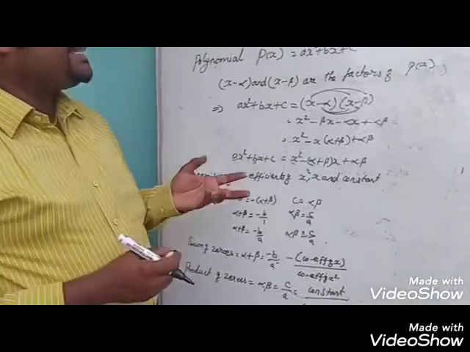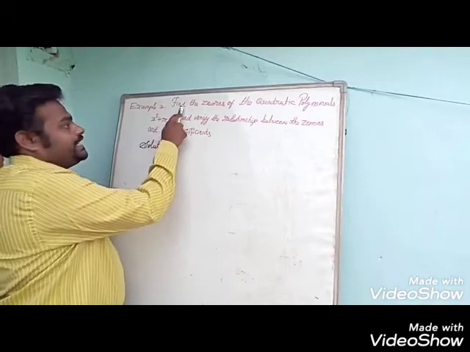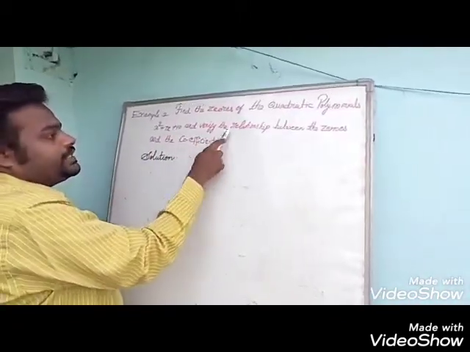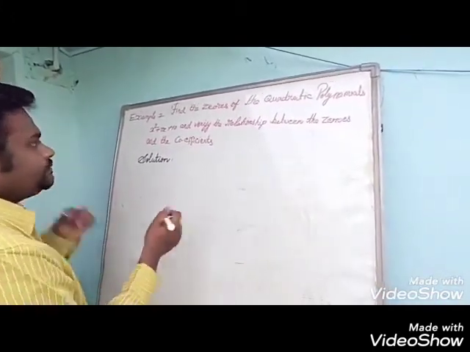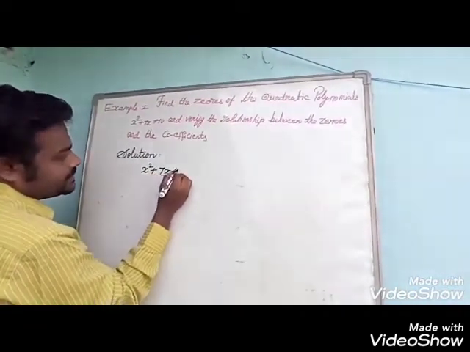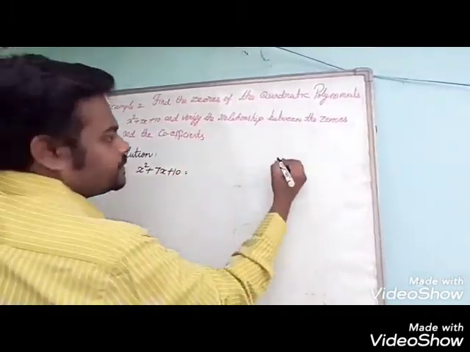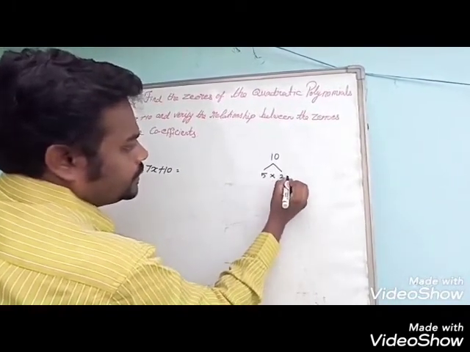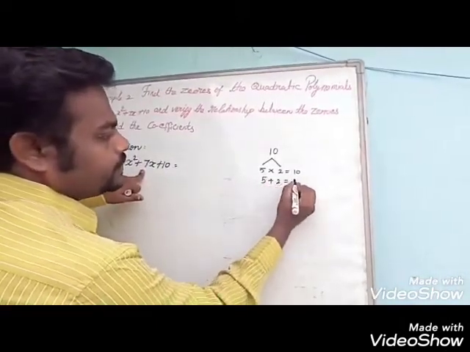Next we will see elaborate examples and exercise sums. Now we see example 2: find the zeros of the quadratic polynomial x square plus 7x plus 10 and verify the relationship between the zeros and the coefficients. Now the solution. Before we find the zeros, we have to split the middle term. 10 can be split into a product: 5 into 2 equals 10, as well as 5 plus 2 equals 7.